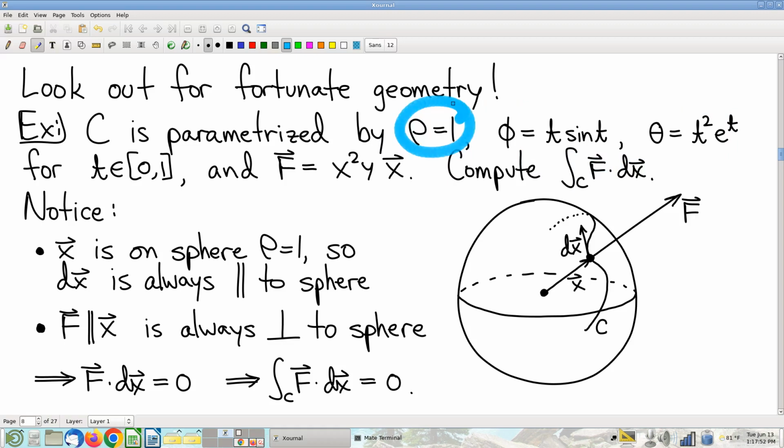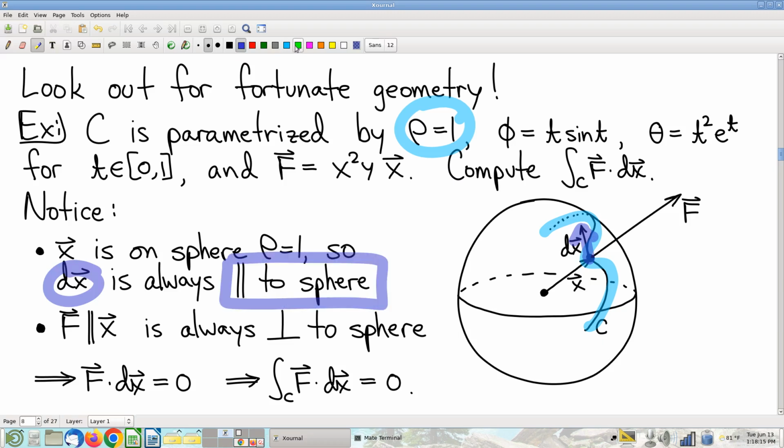But because rho is equal to 1, my curve is confined to the surface of a sphere, which is nice. Which means that my tangent vector is always parallel to the sphere.